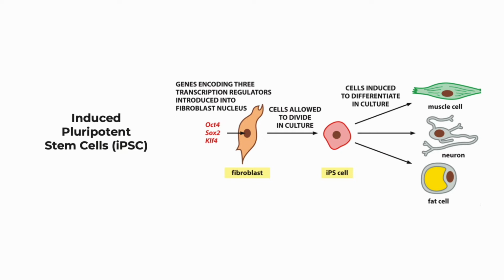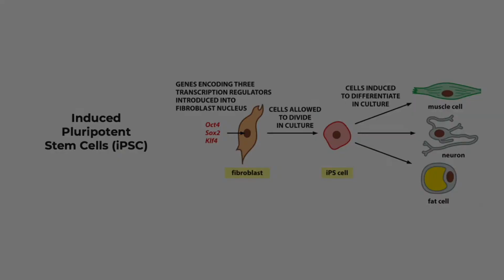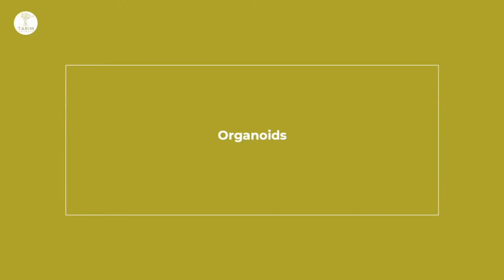Well, now that we understand what stem cells are and their potential, we can go further to the next topic, which is organoids. Organoids are miniaturized and simplified versions of an organ produced in vitro, meaning produced in the lab or in unnatural conditions.